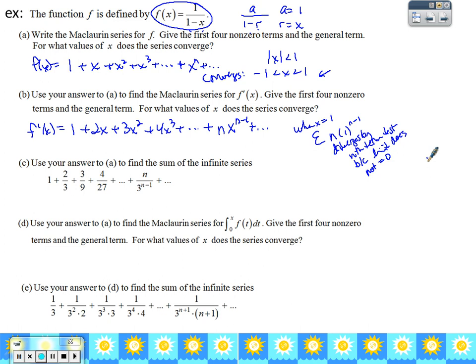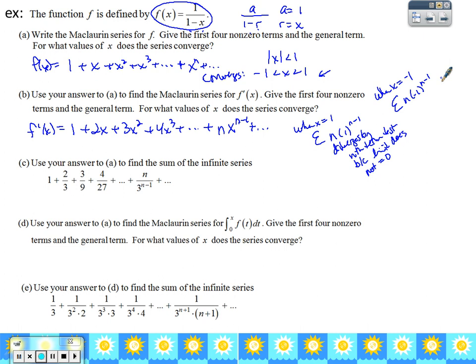Okay, so now let's check negative 1. When x equals negative 1, what do we get? We get that. Is that one alternating? Yes. So let's go through the test. It's alternating, yes. Is it decreasing in magnitude, the terms? No. So that test fails. So we can use nth term test.